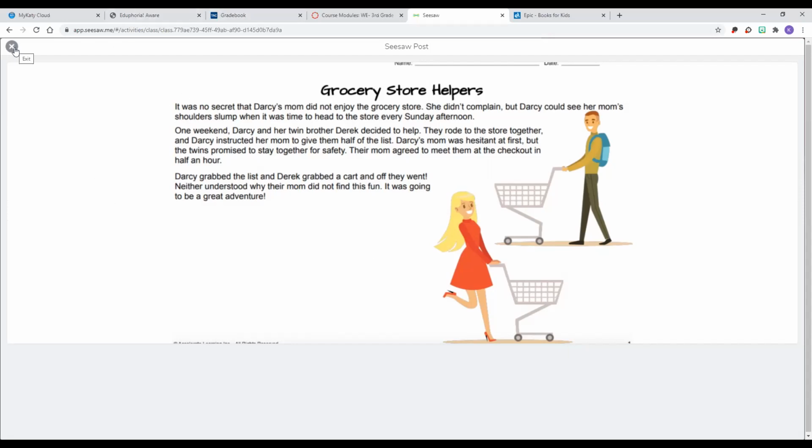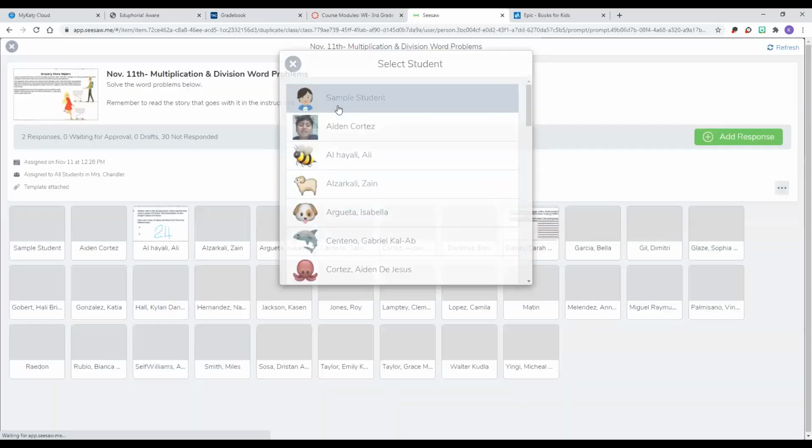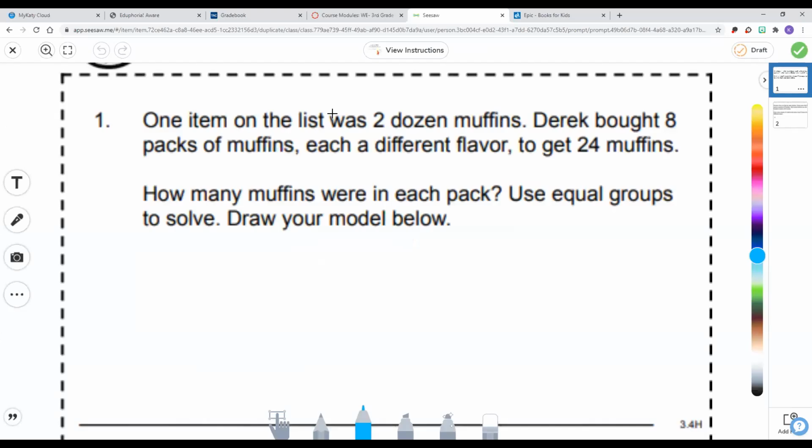So using the story you just read, now you're going to answer some questions. They might be multiplication or they might be division. The first one says, one item on the list was 2 dozen muffins.